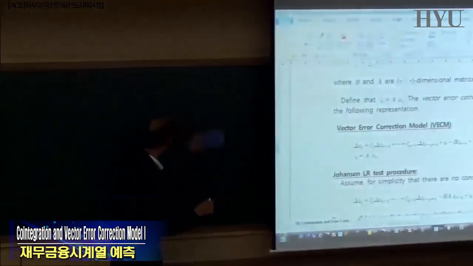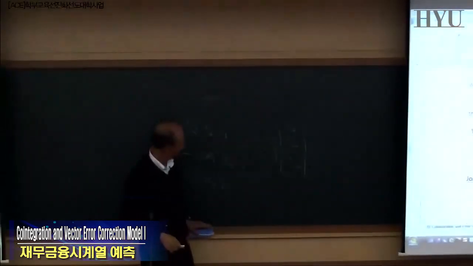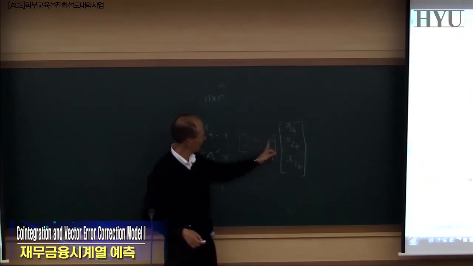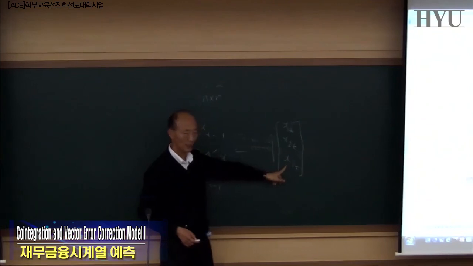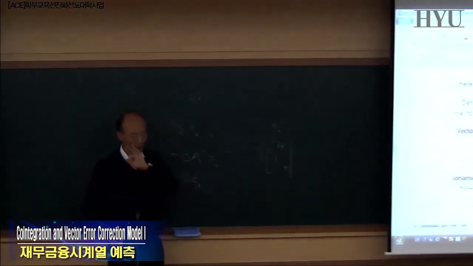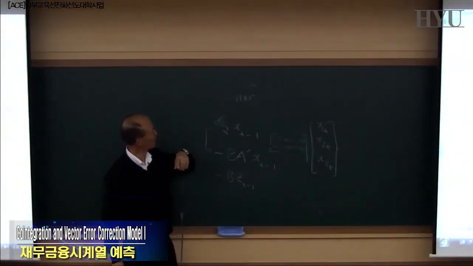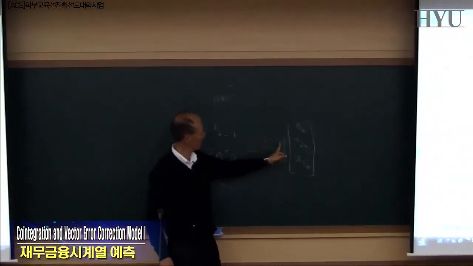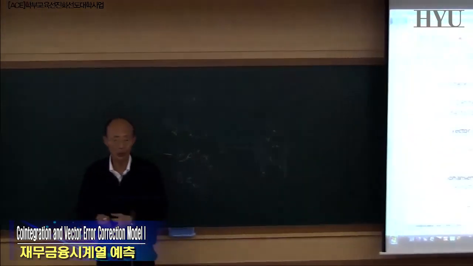Let's do it later. So if you find non-zero of this, that means you have a linear combination, and if they are in fact cointegrated, and the number of cointegrating relationships is, let's say, r equals 2, well, that means this is what we call the equilibrium error.